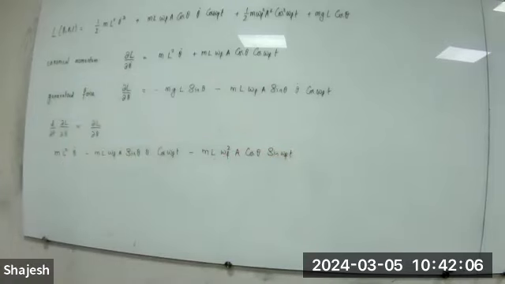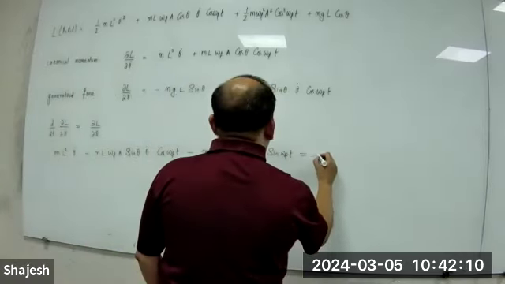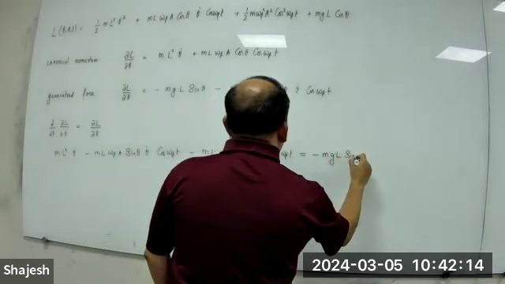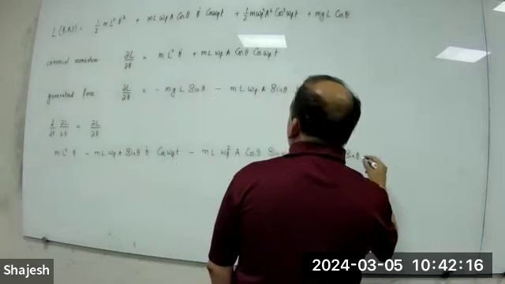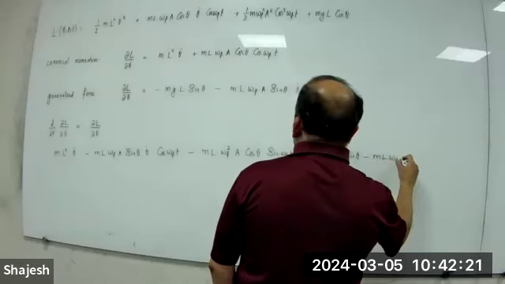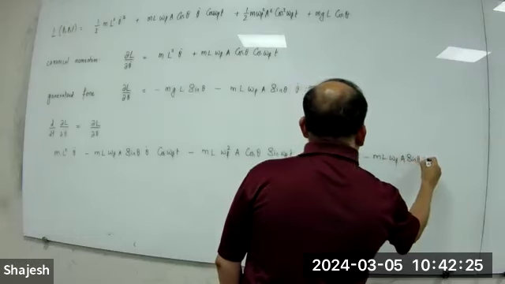Let me know if I'm making a mistake. Sine theta and minus m L omega_f A sine theta dot.